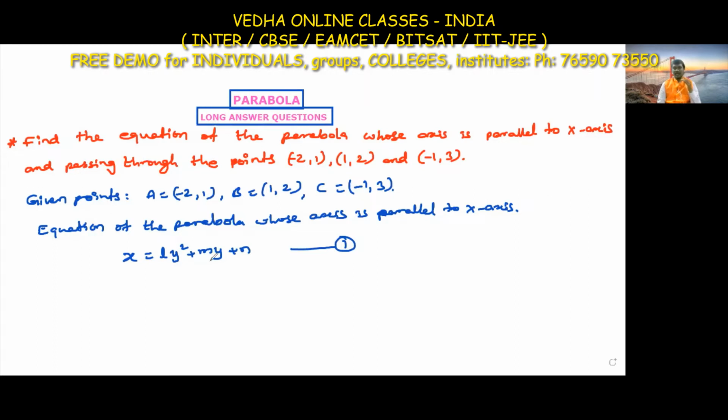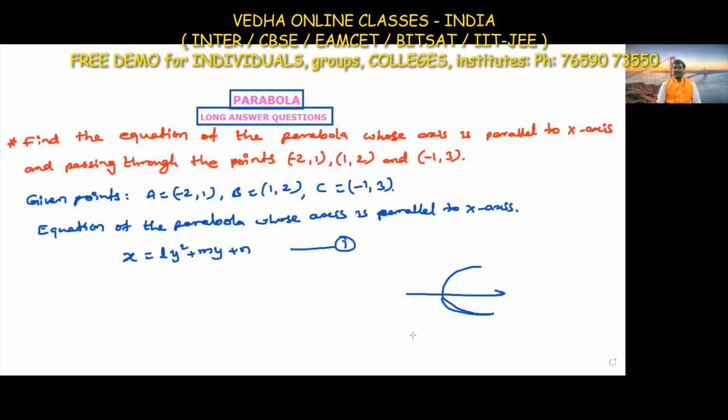This parabola passes through points A, B, and C. The parabola equation is like this, and the axis of the parabola is parallel to the x-axis.